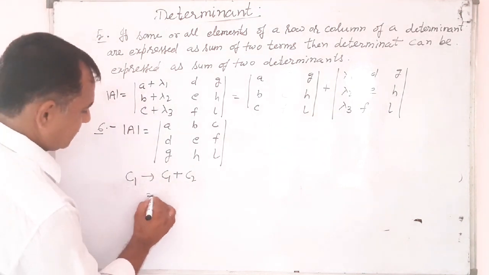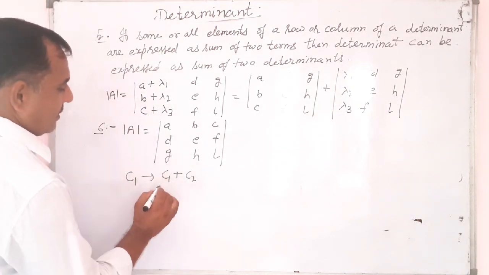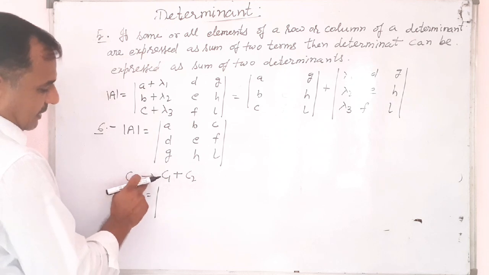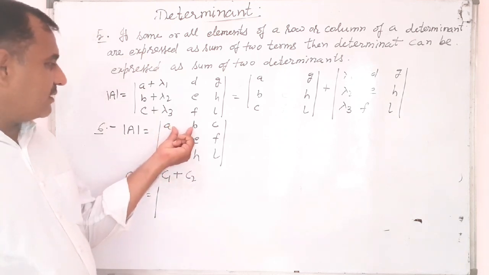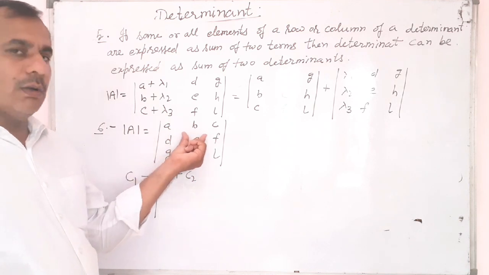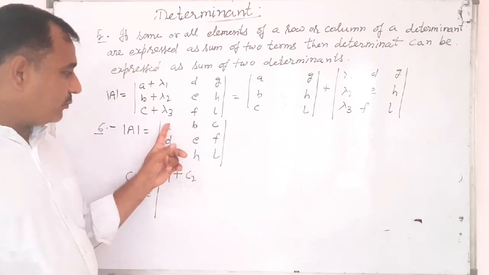It means we find the sum of column number 1 and column number 2 corresponding elements.